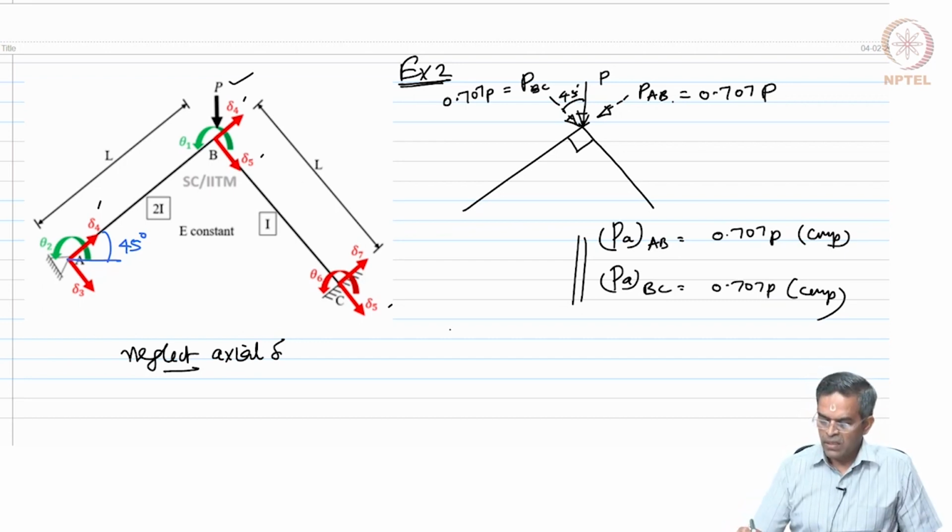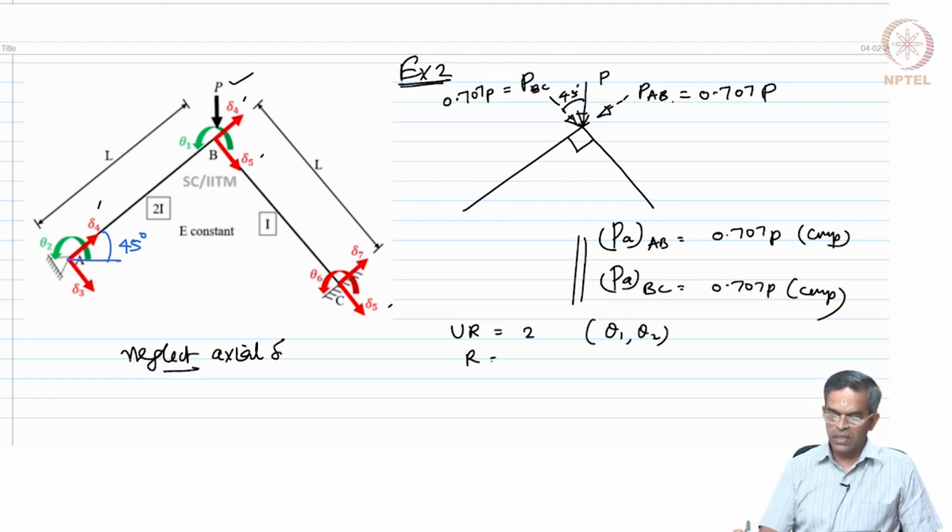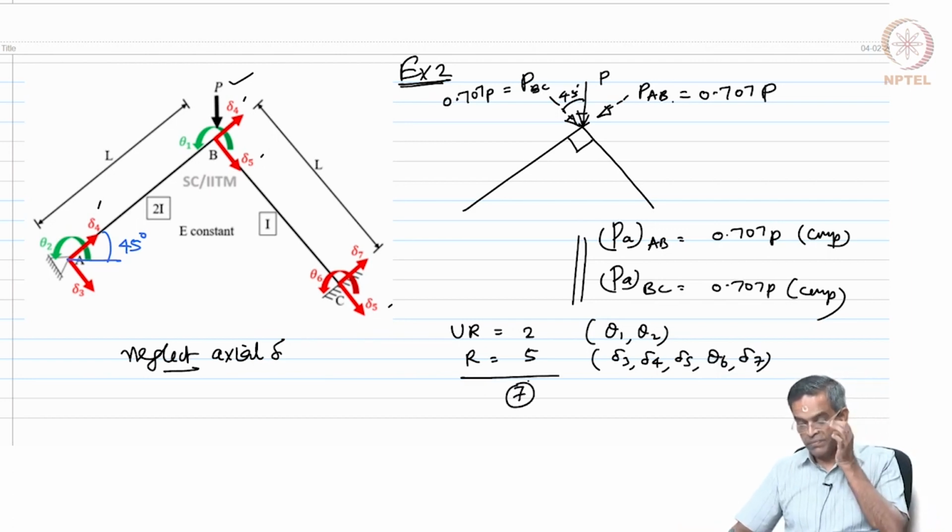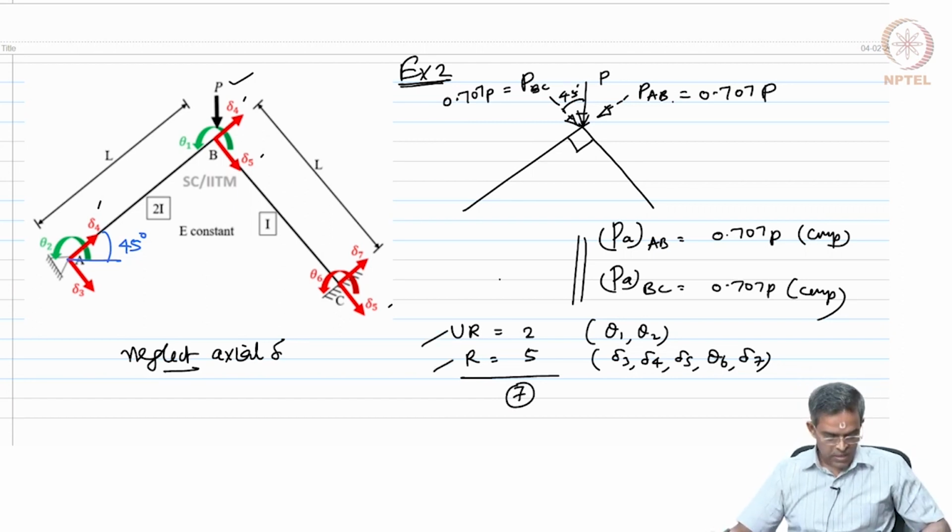So, I can say the structure has unrestrained degrees 2, which are theta 1 and theta 2, and restrained degrees 5, which are del 3, del 4, del 5, del 6 and del 7. So, the total kinematic degree of freedom is 7, neglecting axial deformation, restrained is 5, unrestrained is 2.